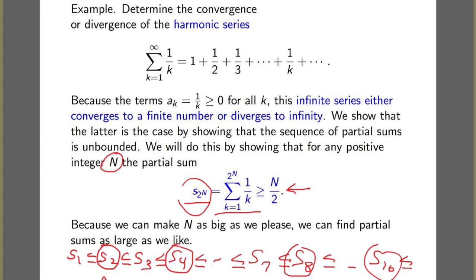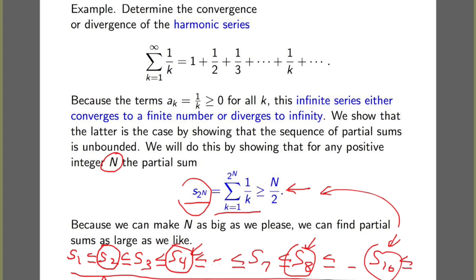We're going to show that these particular partial sums are getting big. And then because the sequence is non-decreasing, if we can show just a sporadic sum of these are big, then all the others, because we have to be increasing, have to be getting big also.